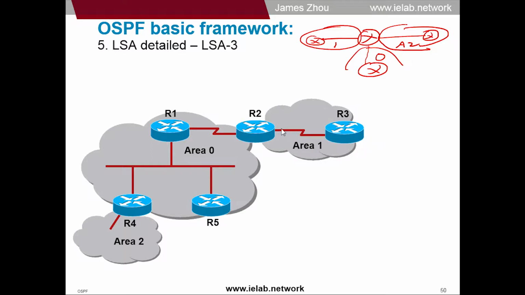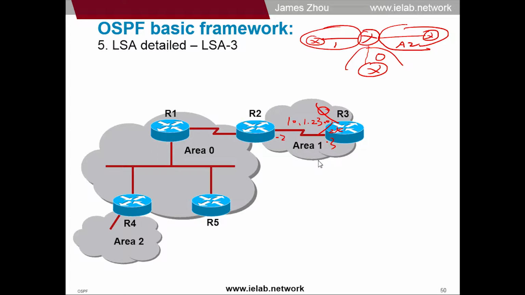So R2 connects to R3, using a serial interface that belongs to area 1. Look back at loopback 0 and R2 here, 10.1.23.0/24, .2 and .3.